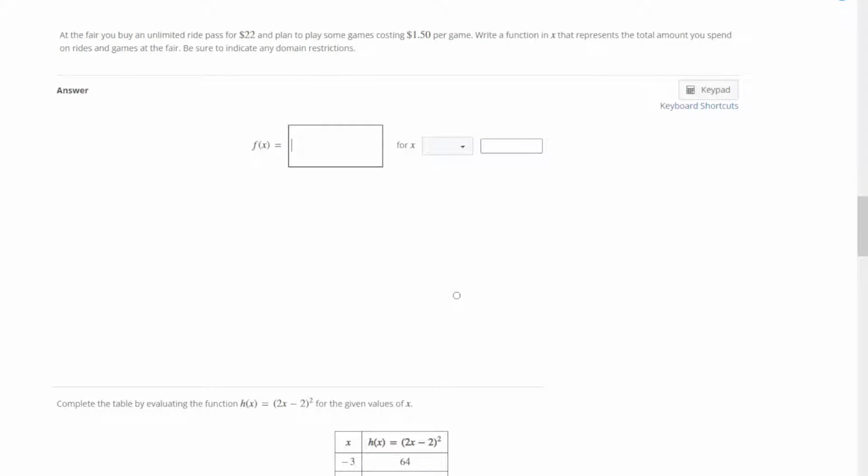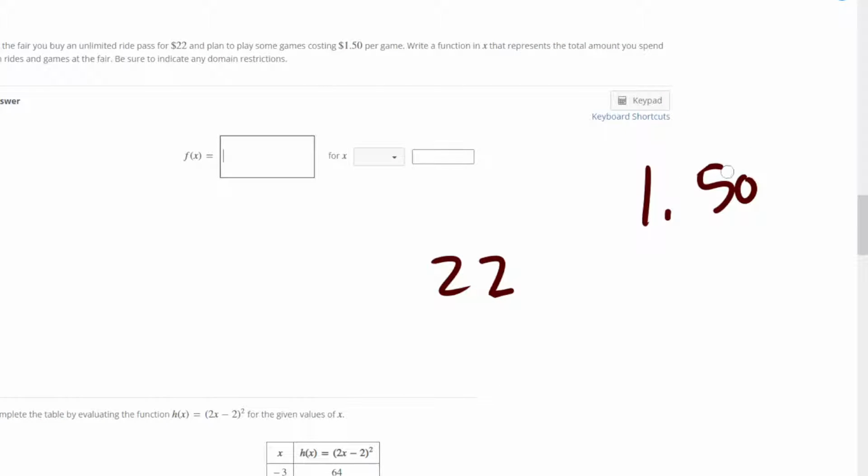This one is asking us to put the function together in math language. So we know that an unlimited ride pass is $22. That price doesn't change. You buy one unlimited ride pass and you don't have to pay that $22 again. We have $1.50 per game. How many games you play will affect the cost.